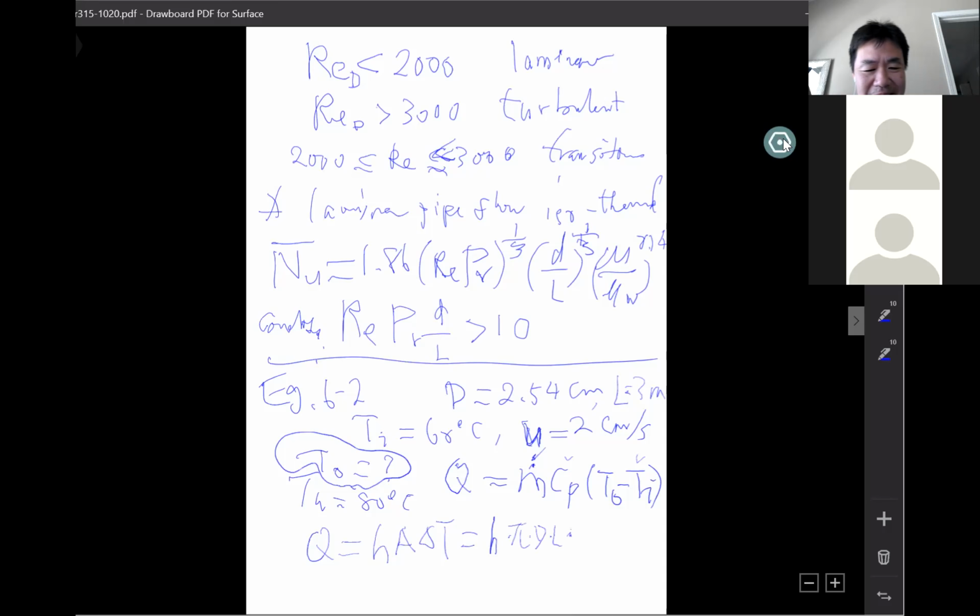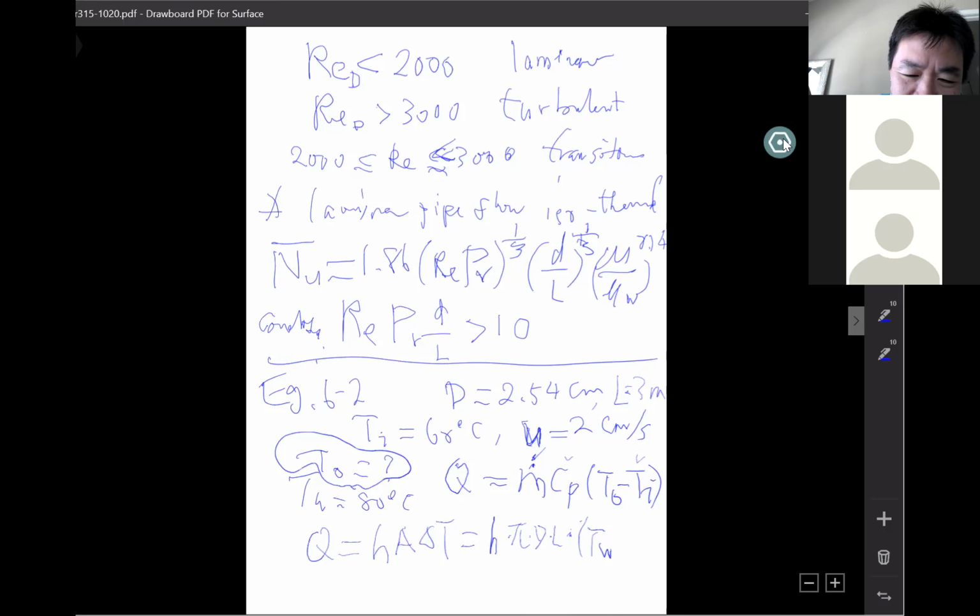Delta T, what is the delta T we're talking about? Is that the temperature from the wall to the bulk temperature? I think probably you want to use, now you know you're going to use the average Nusselt number, right?